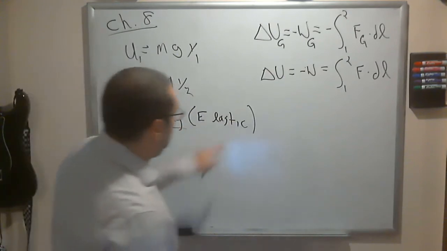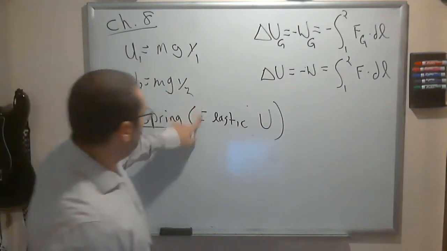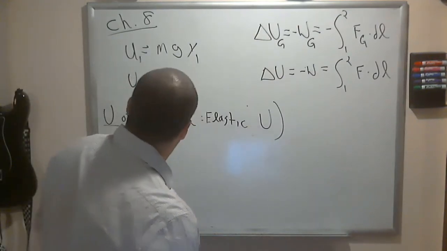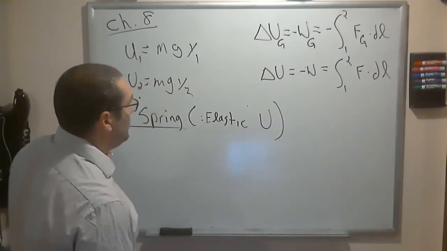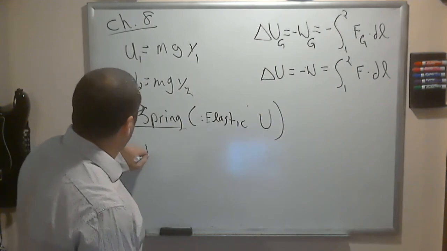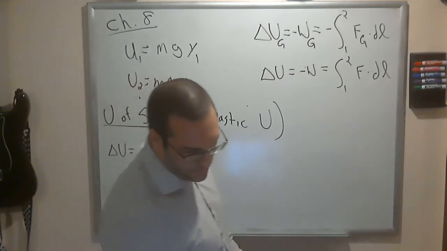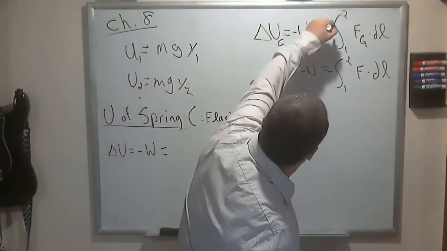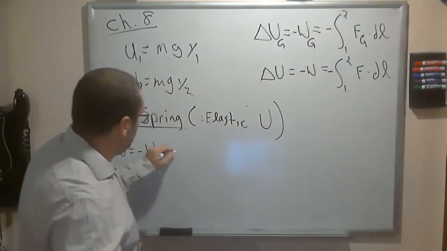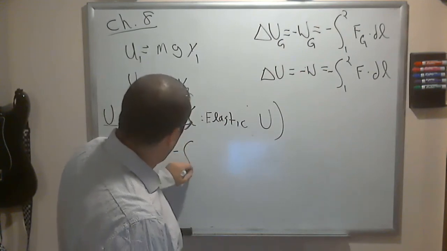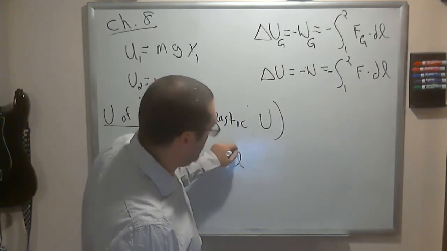So elastic U, right? In this case, we know that U is equal to negative work, I'm sorry, this should have a minus sign in front of it. And this is equal to the force of a spring times dl.